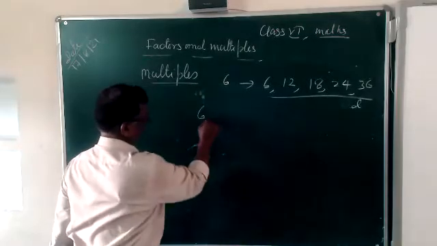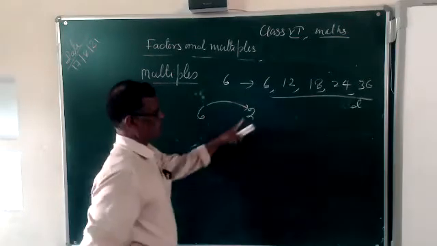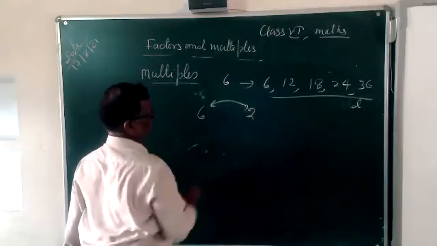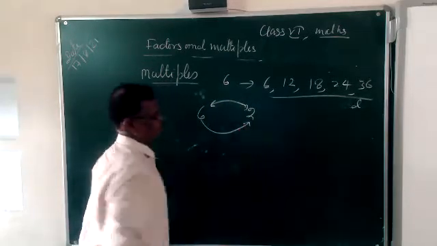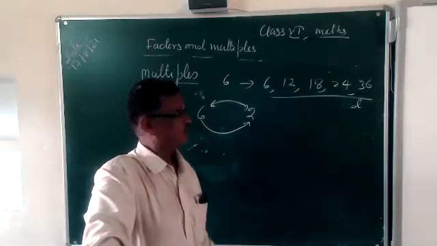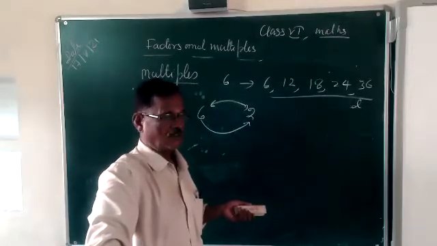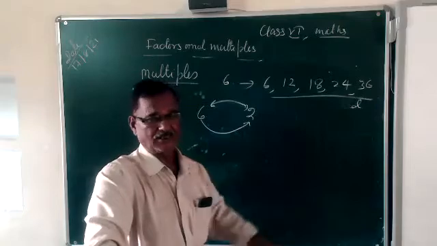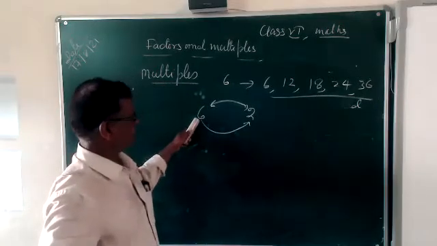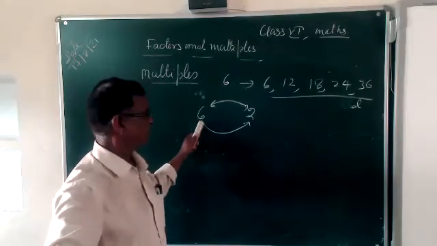So if there is 6 given and 2 given, 2 is the factor of 6, then 6 is the multiple of 2. This is the relation between multiples and factors. Factor means the number which divides the given number exactly is called a factor of the given number. Multiple means that number which is divisible by the given number.